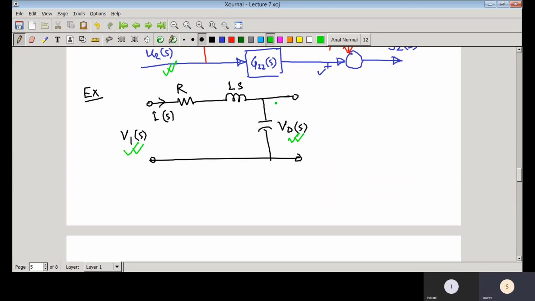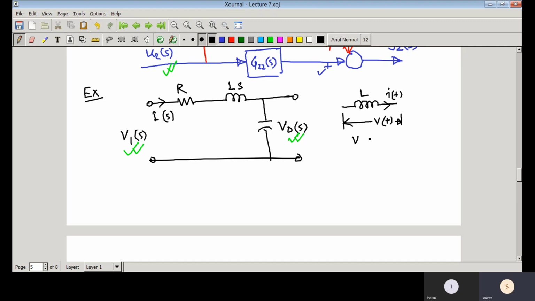Whenever you have one inductor, the current flowing is i(t) and the voltage applied is v(t).